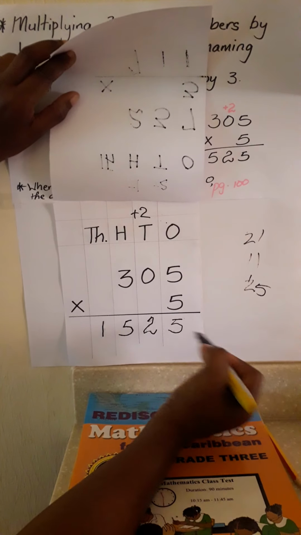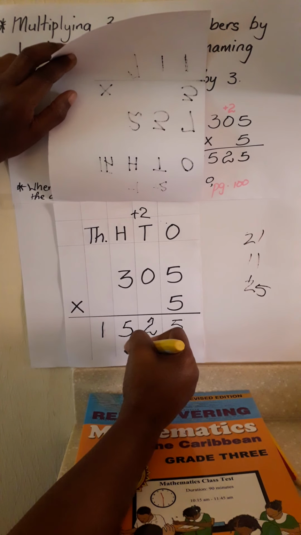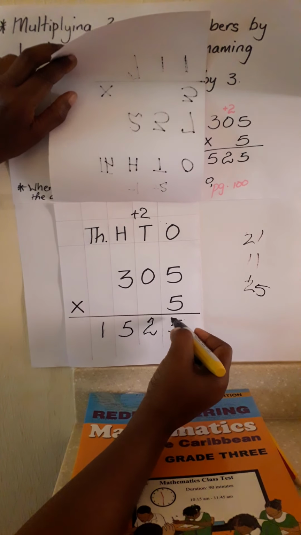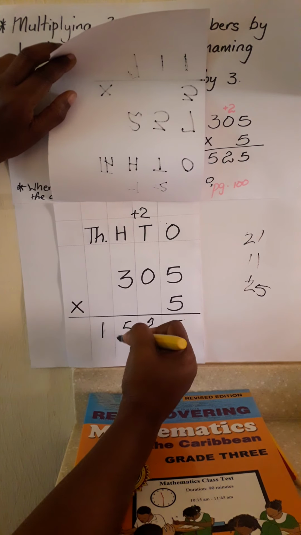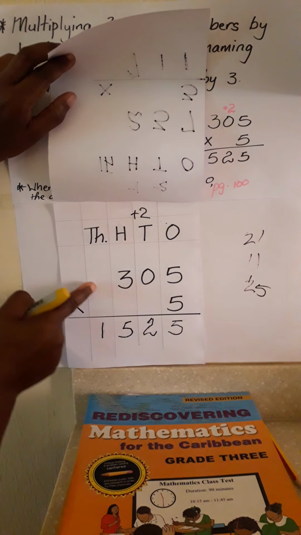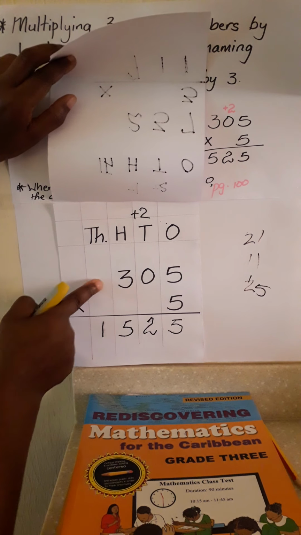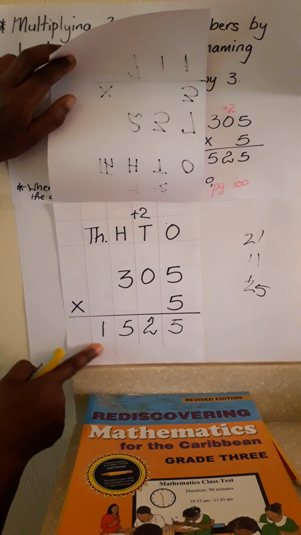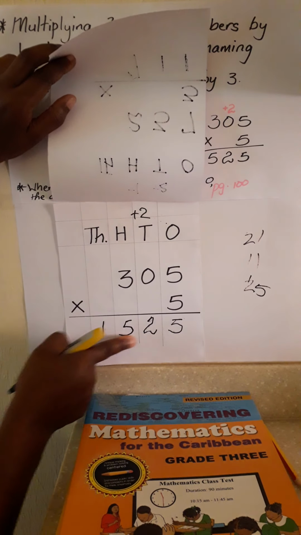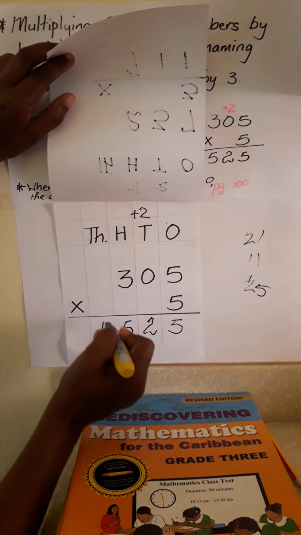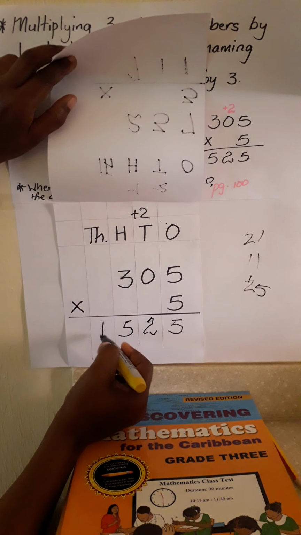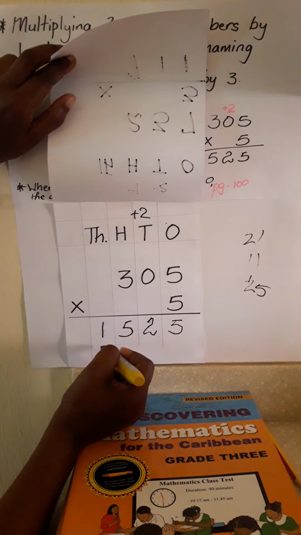We are not multiplying it. It's 15, so we put the 15 down right here. Because we don't have anything to multiply in the thousands column, we put the entire 15 down here. So we have the 1 and the 5, but the 1, however, ends up in the thousands place.